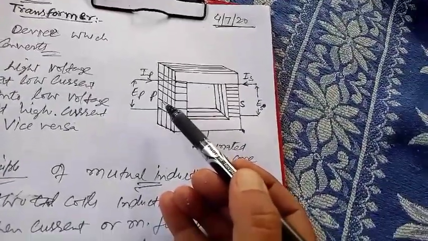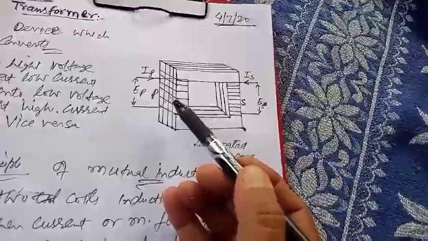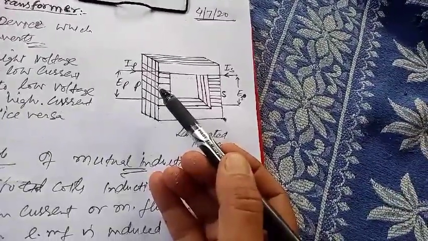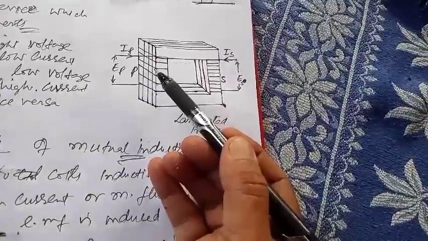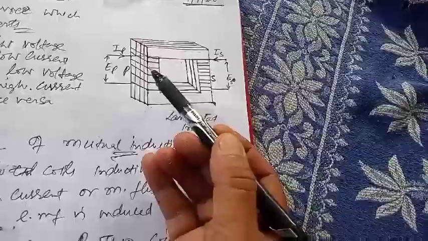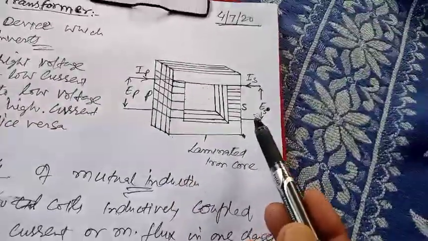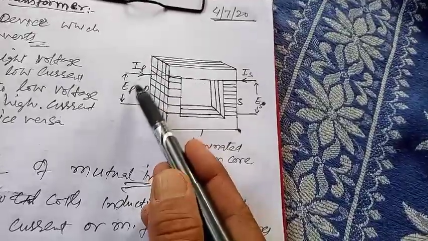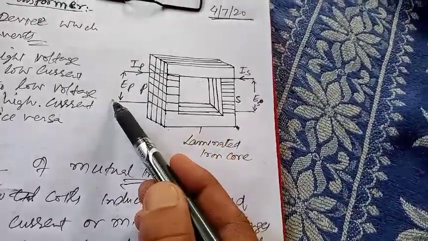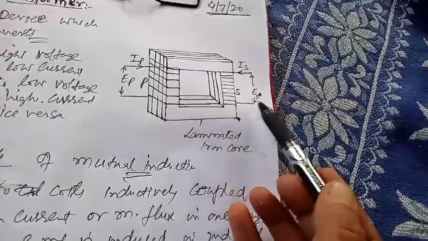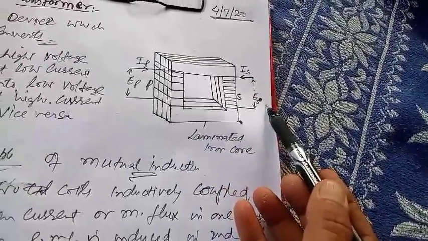AC input source is applied to the primary coil, and through the secondary coil we get transformed output. AC input is applied to the primary coil and transformed or changed output is obtained across the secondary coil S.